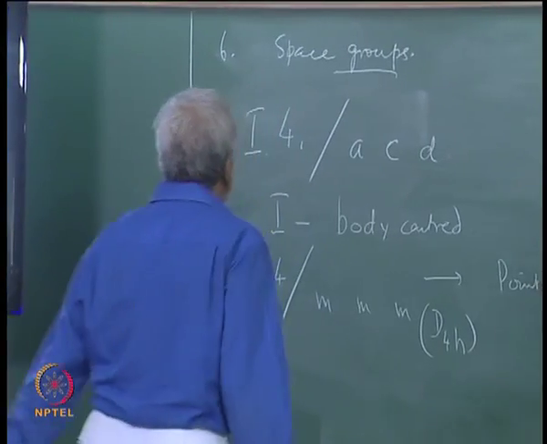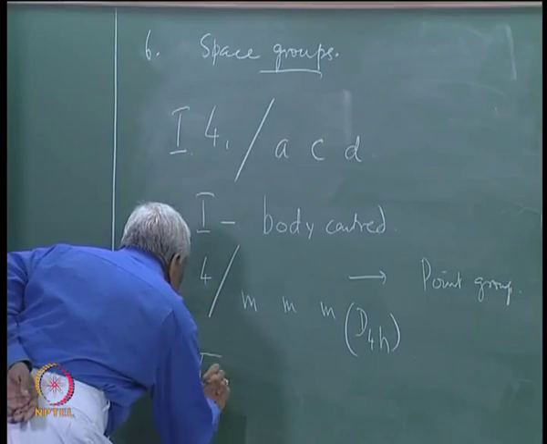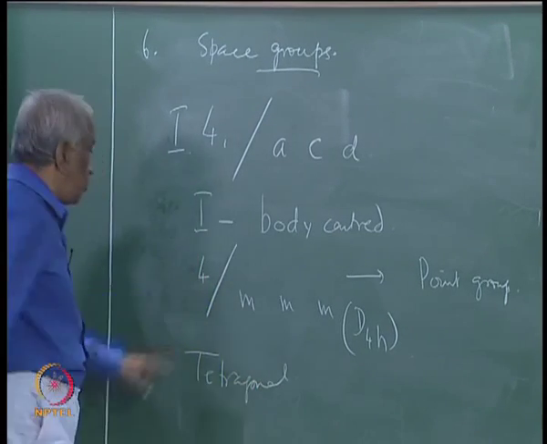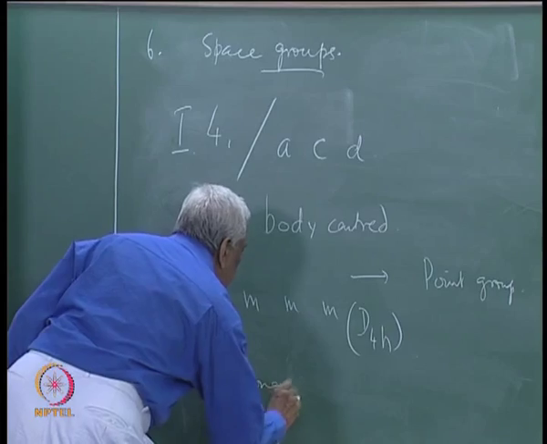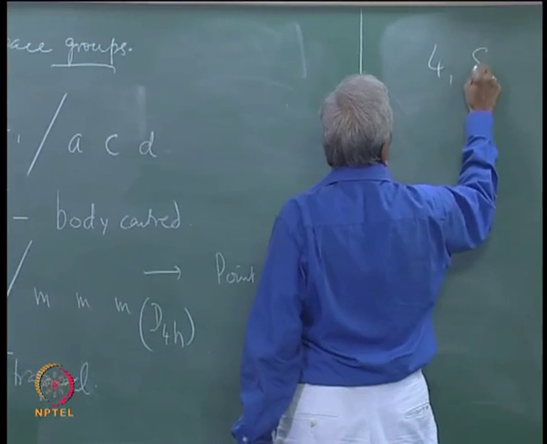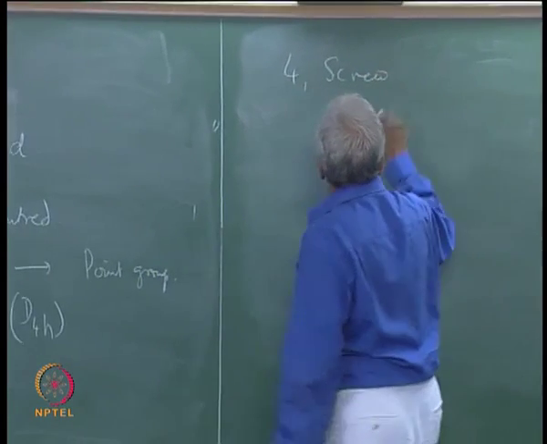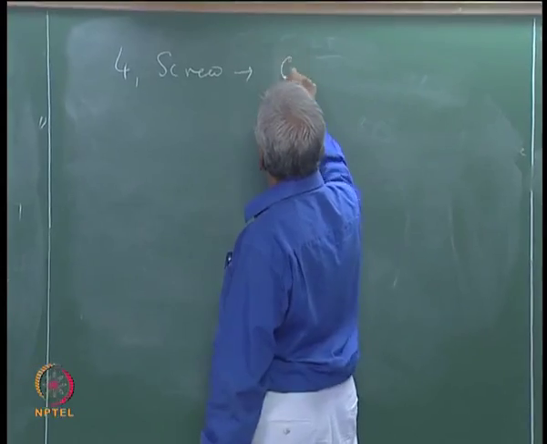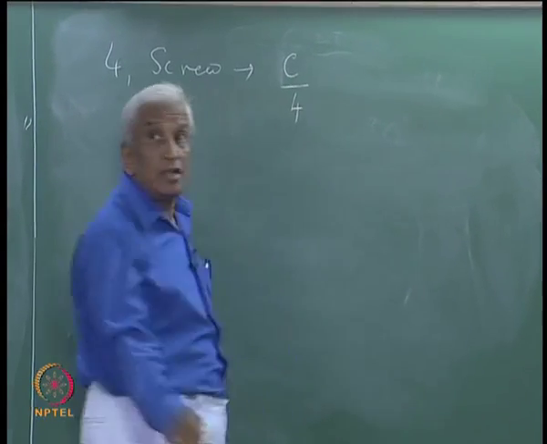And so it is a tetragonal crystal system because we have a unique fourfold axis. And the interesting thing is that we have not just a fourfold axis, but a 4-1 screw with a translation component along the c axis. So, the translation component is c/4.